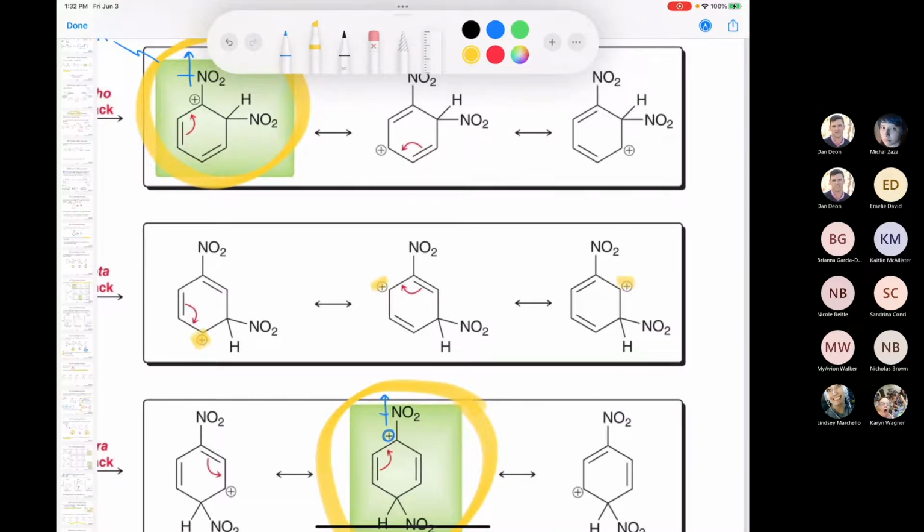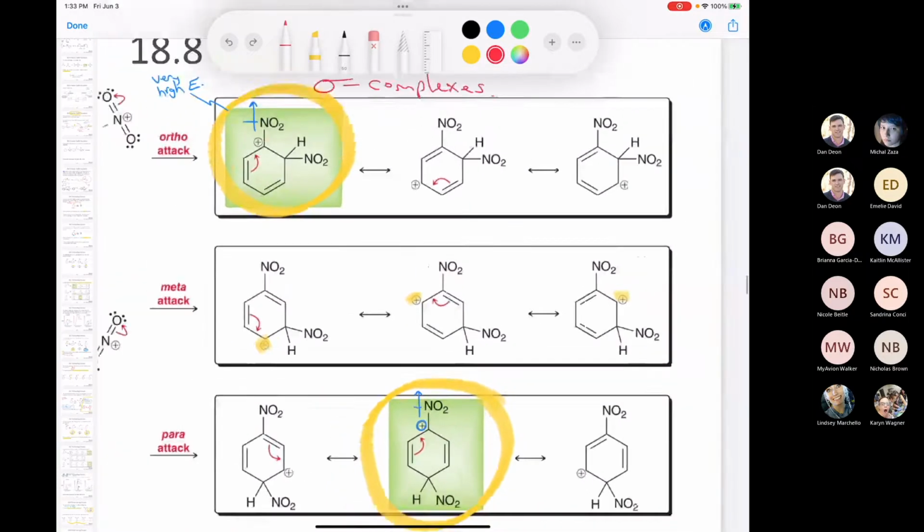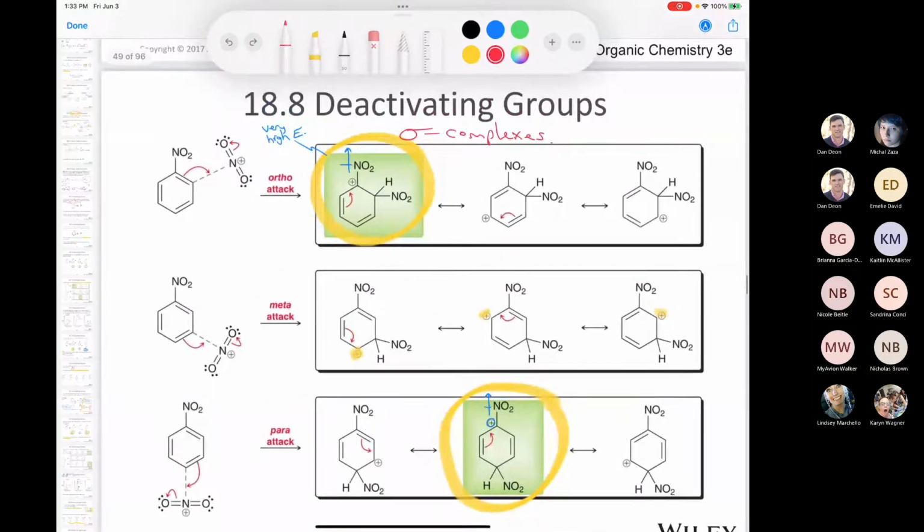You never end up with the positive charge on the carbon next to the nitro group. Doesn't happen. And since that doesn't happen, that means that, hey, this might not be easy to do. It might have a very high activation energy. It might be unreactive, but if you get the reaction to go, if you do provide it with enough energy so that it can cross that activation energy barrier, well, it's preferentially going to go in the meta position.